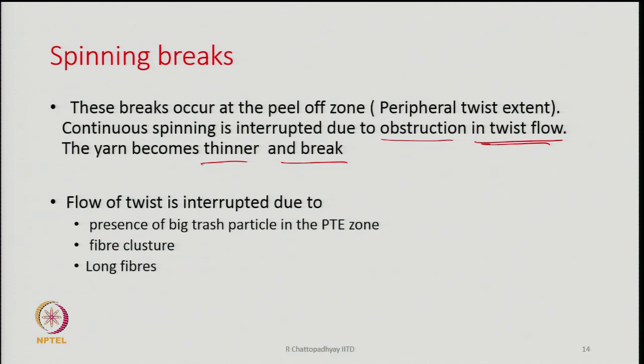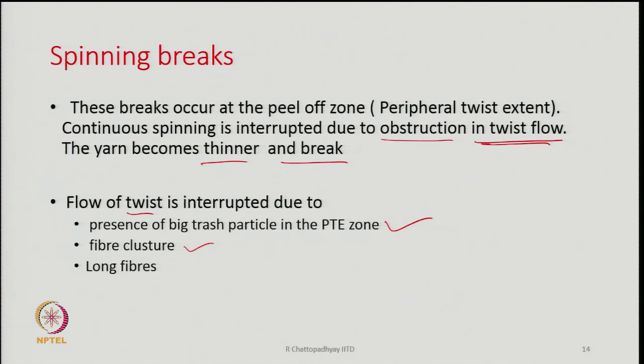Twist is not flowing properly and you are pulling the yarn out at the same time. So, yarn will be thinner and finally, it will break. And how is the twist flow interrupted? Because of presence of big trash particles in the PT zone and presence of fiber clusters.